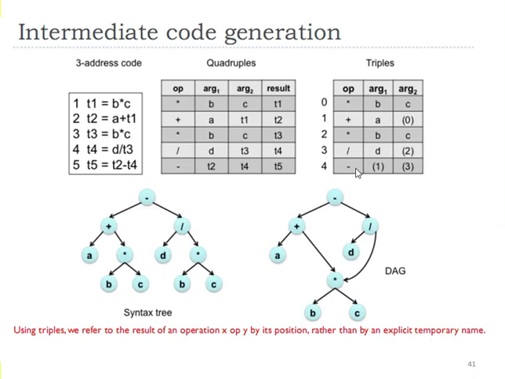So we are applying the subtraction operator on the two results. So we can say the triples representation is the optimized version of the quadruples.